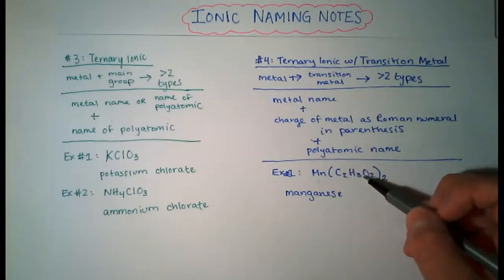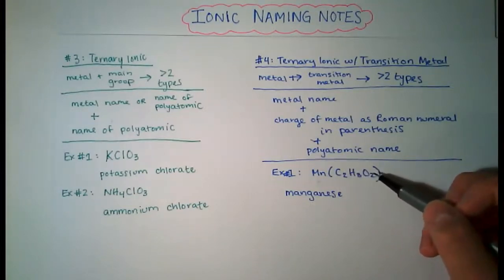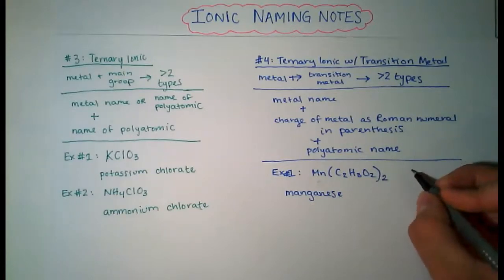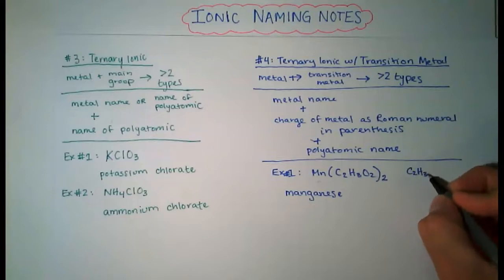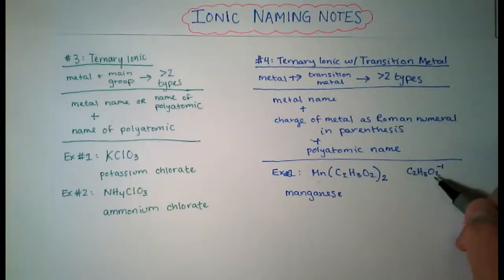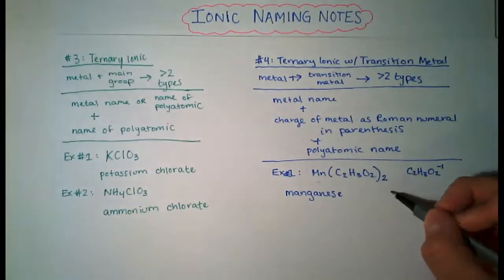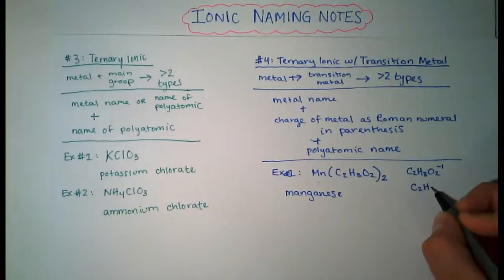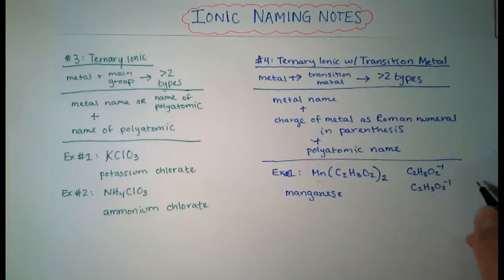And so C2H3O2, that is the acetate ion, and acetate has a -1 charge. So C2H3O2, the whole thing has a -1 charge. But I don't just have one acetate here, I have two acetates here. So I have two C2H3O2 with a -1 charge. So my total amount of negative charge is -2.